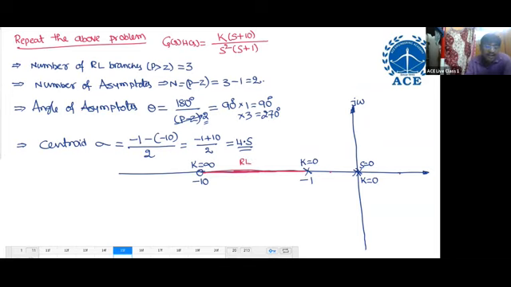Next, centroid. What is the centroid? Centroid is plus 4.5 somewhere here. Angle of asymptotes. What is the angle of asymptote? One is 90, another one is 270.